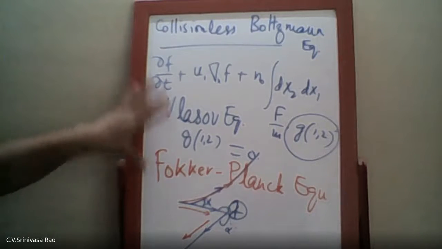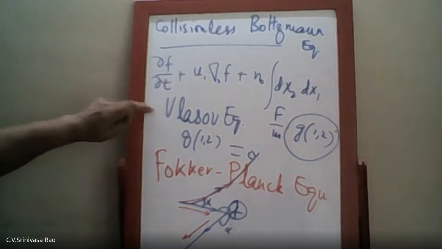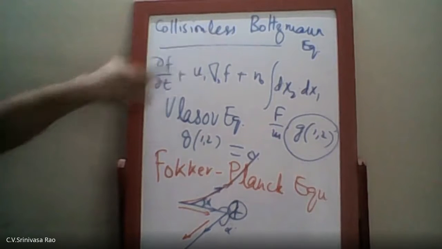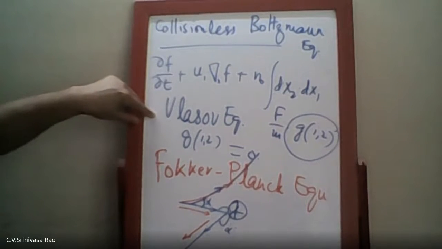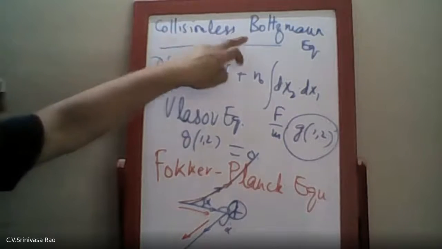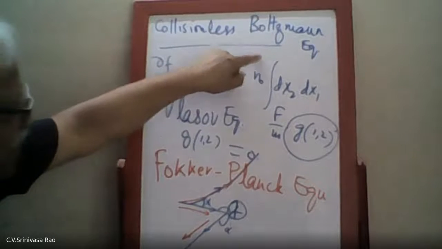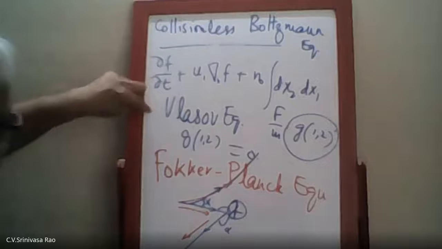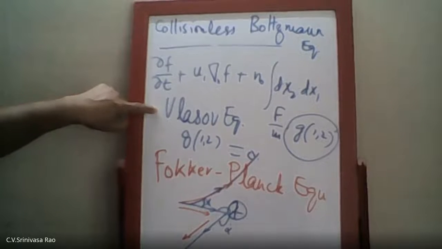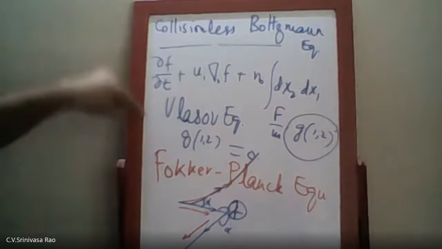So just get an idea of the Vlasov equation and Boltzmann's equation. They are similar. If you don't take collisions, you will have the collisionless Boltzmann equation, which is very close to the Vlasov equation, but these two are not exactly identical.